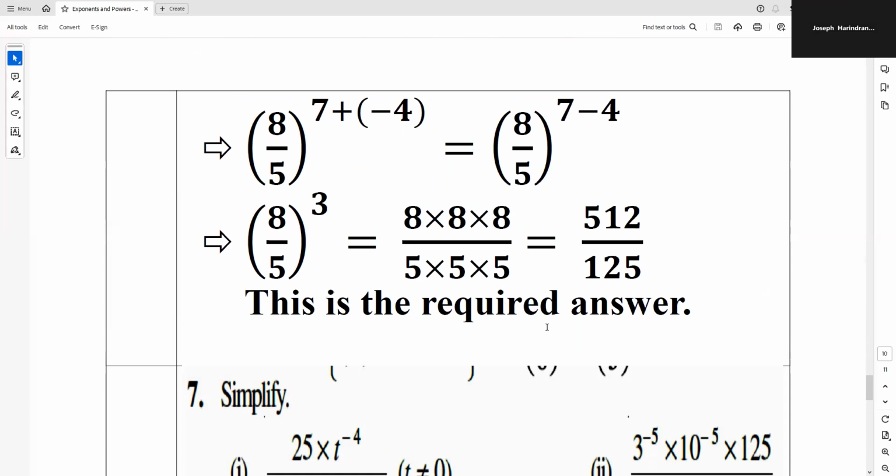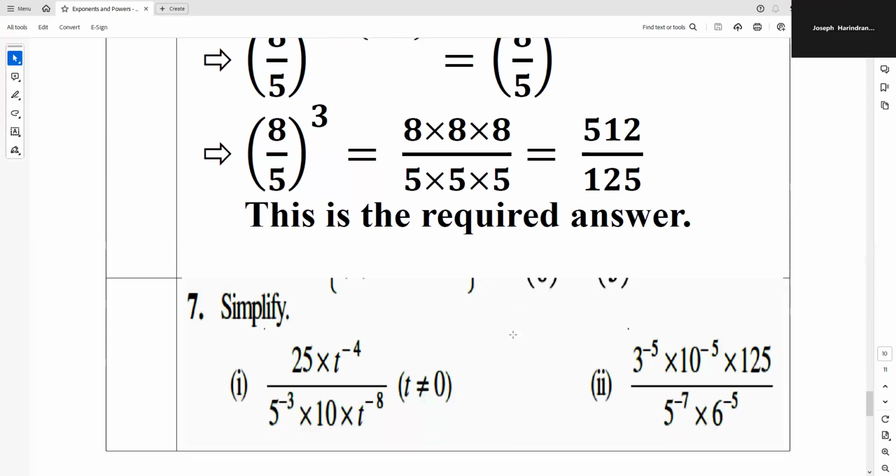And we can evaluate this expression. We are required to find the value of this expression. So we multiply 8 into 8 into 8, 8 cubed, divided by 5 cubed, 5 into 5 into 5. So we have 512 divided by 125, which is the required answer.